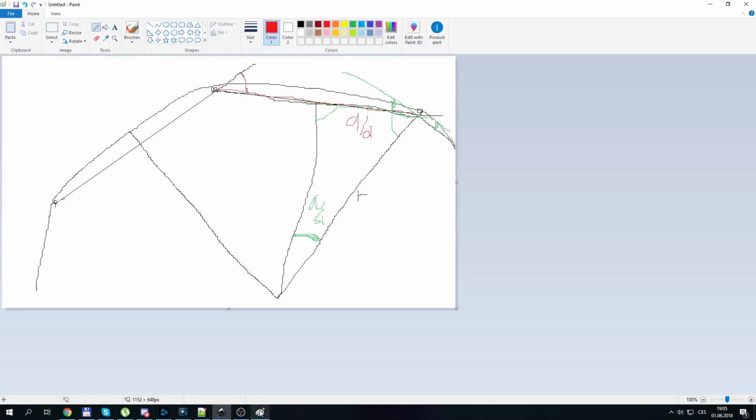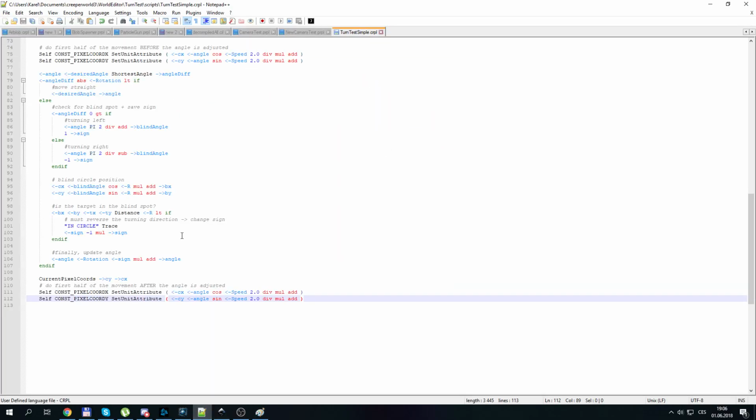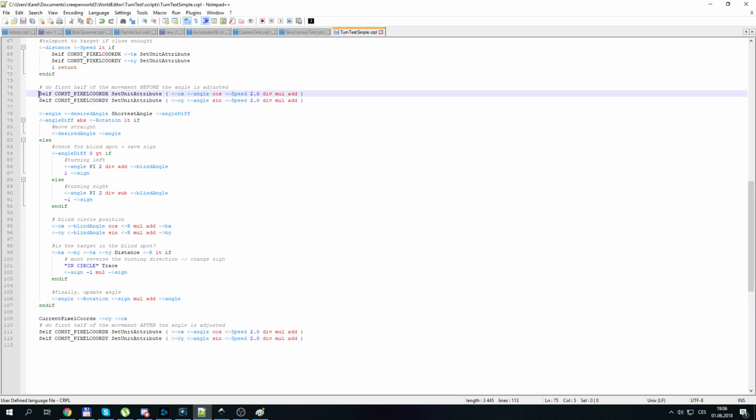It is because if you look here again, this counts on the fact that if the unit is here, it will end up here on the next frame. So it will move half of the speed, then turn around for the angle, and then move only half again. Until it is here, it can do this computation again, and then it moves again only half, and then only half again. So without this trick, it wouldn't work, and I can actually show you.